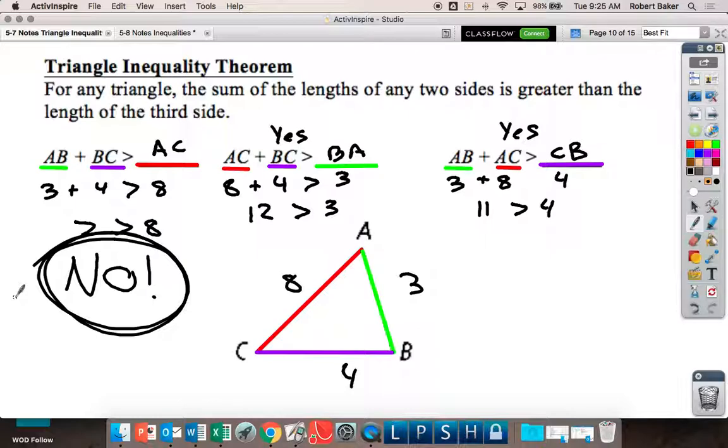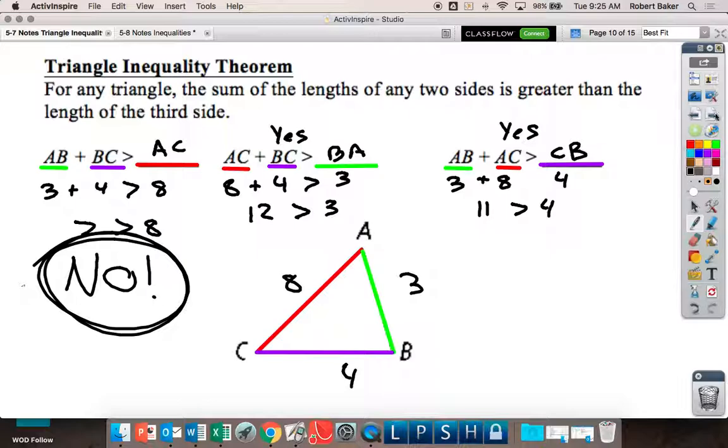Go ahead. You just get the biggest side and then add the shorter side. So if you do 2 smalls, it has to be bigger than a large. If 2 smalls are not bigger than a large, the triangle does not exist. So again, it goes back to ordering parts smallest to largest. If you just pick the 2 smallest pieces and add them together, it has to be bigger than the large. Otherwise, a triangle does not exist.